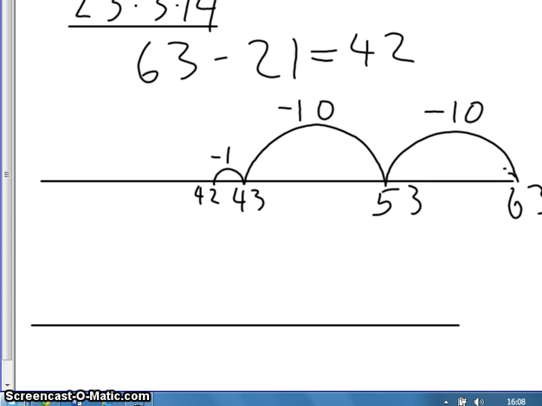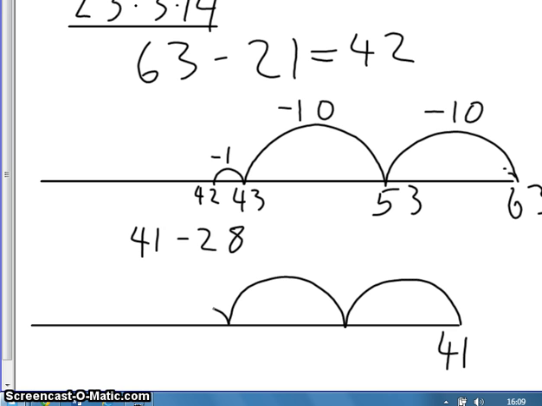Could be again with that regrouping idea without having to bother about the vertical subtraction, but you might see it later on too. It is 41 take away 28. In this example now, it might involve some counting, which isn't the end of the world. 41, take away 10, 20, and 8.